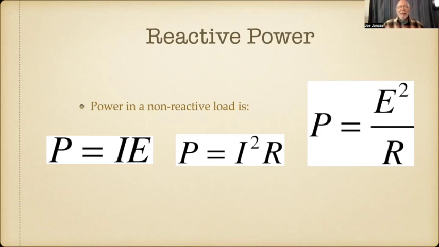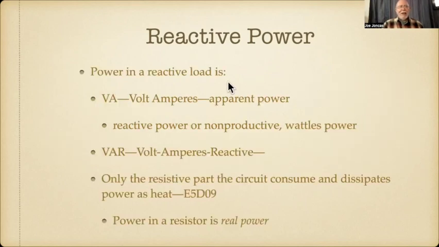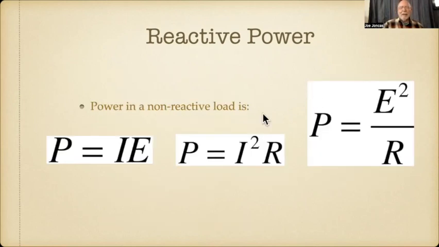Now these power formulas we've all studied before. And if it's a resistive load, these fit. We don't have to worry about anything about them at all. But let's talk about reactive power. Power in a reactive load is VA. That's voltage times amperes, which is simply right here, voltage, which is E, times I, the current.